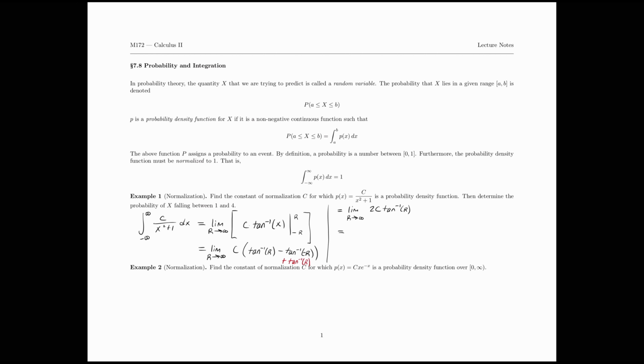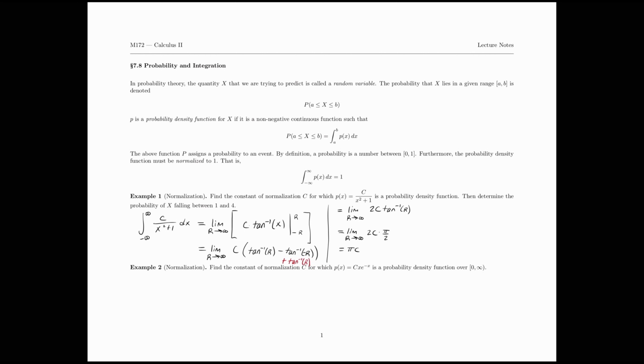And remember that when you are evaluating a limit as your variable goes to infinity, you're really checking to see, does the function have a horizontal asymptote in that direction? And arctan does have a horizontal asymptote, pi over 2. So this is 2c times pi over 2, which is just pi times c.